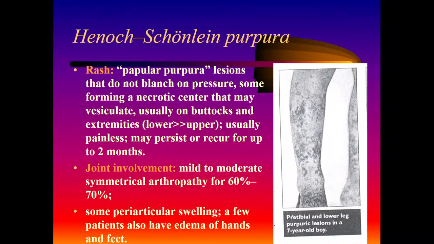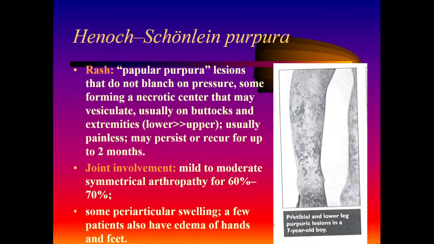Rash: purpura, lesions that don't blanch on pressure. Some form a necrotic center that may vesiculate, usually on buttocks and extremities.